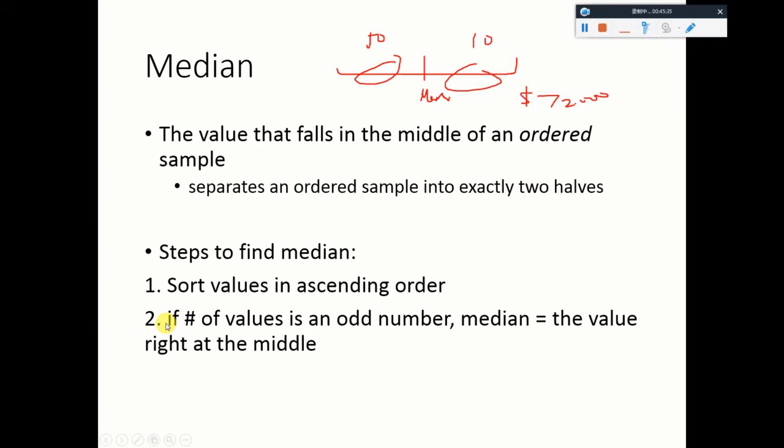The second step is to determine whether the number of values in the sample is an odd number or an even number. If the number is odd, then the median will be the value that's right at the middle of this ordered sample. So let's see what it means.